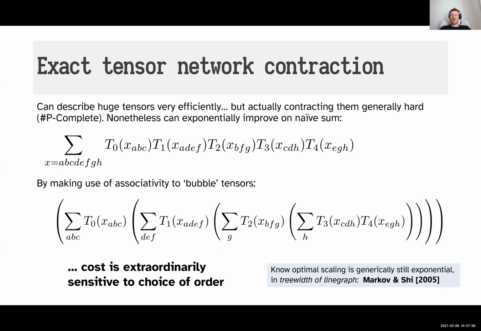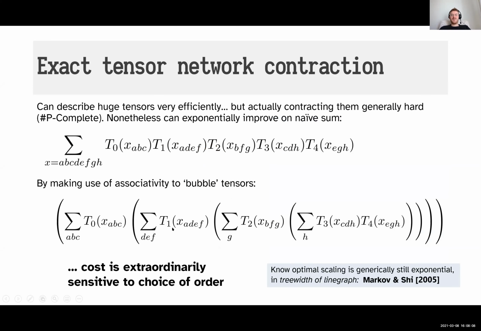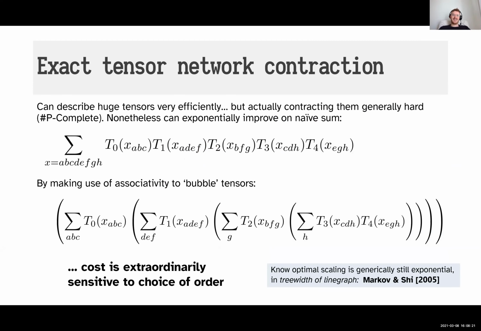So exact tensor network contraction is the simplest way of trying to compute with these things, where you actually are really trying to exactly represent this sum and compute its overall value. And while this is an incredibly memory efficient representation of very complex objects, naively contracting it is, like I said, an exponentially slow sum that you never actually want to do yourself, because you're really enumerating over exponentially many combinations of strings.